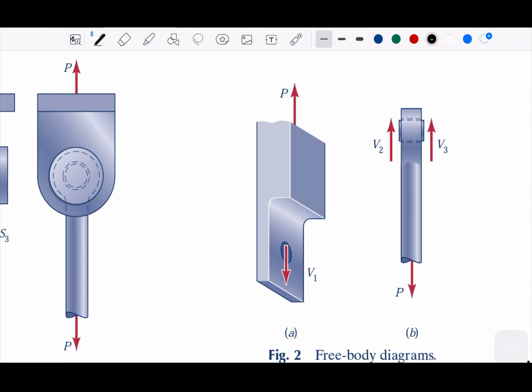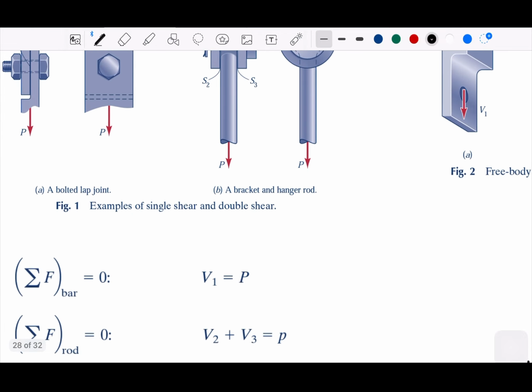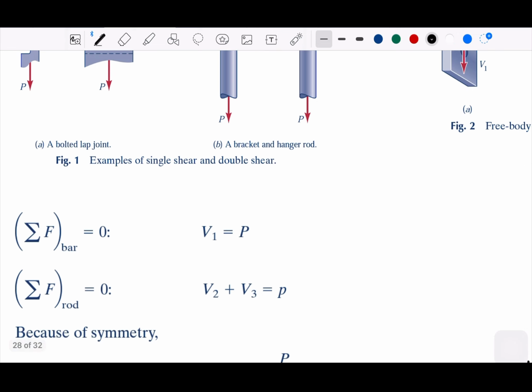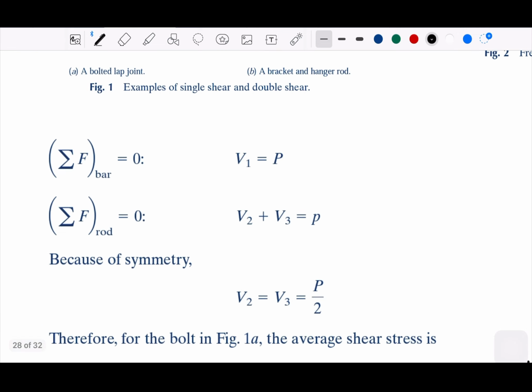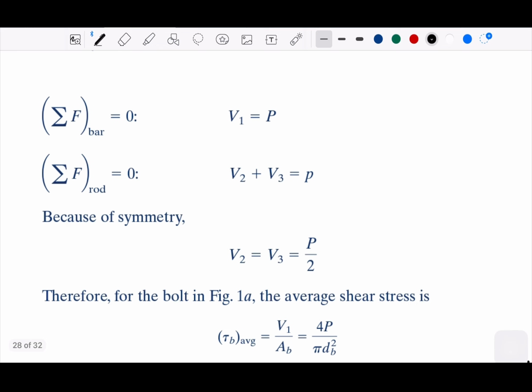From these pictures, this is actually what we did last time, but it is just a little bit of review. This is for the first one, the single shear. We always start with the statics: the sum of the forces should be 0. That's the statics rule, right?